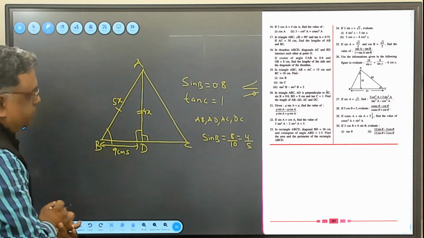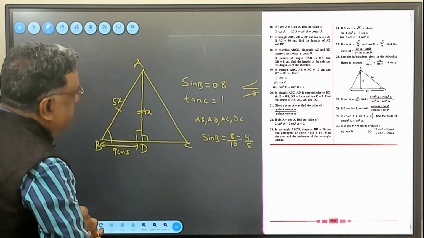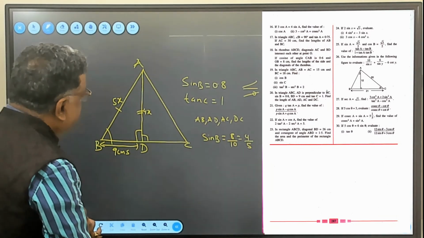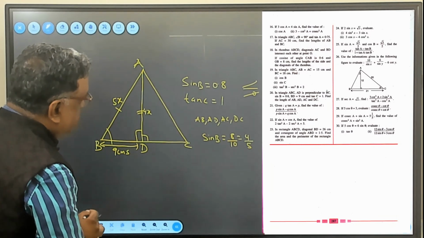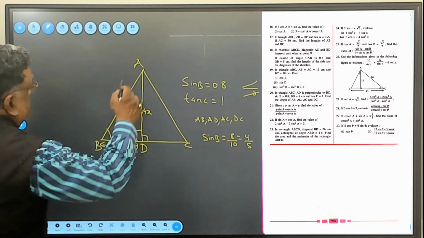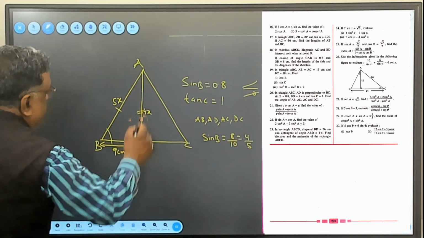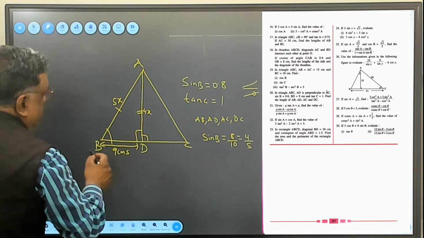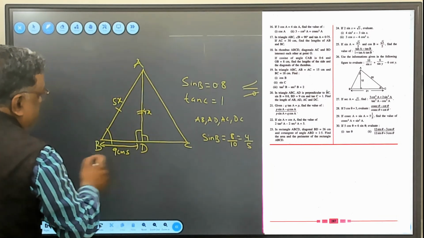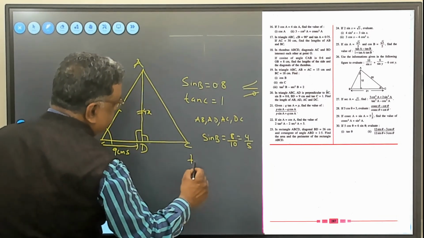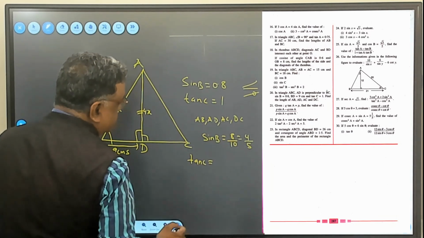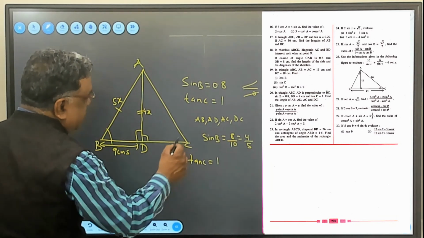Now, tan C, we'll figure that out. So tan C is given as 1. So what is tan C?